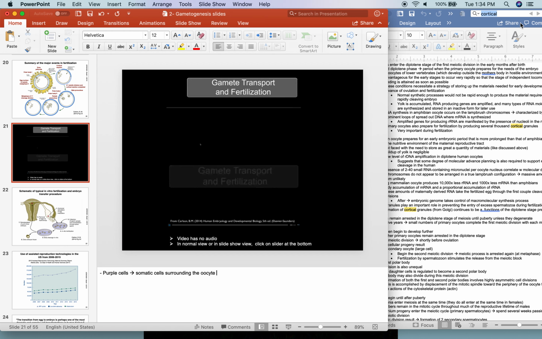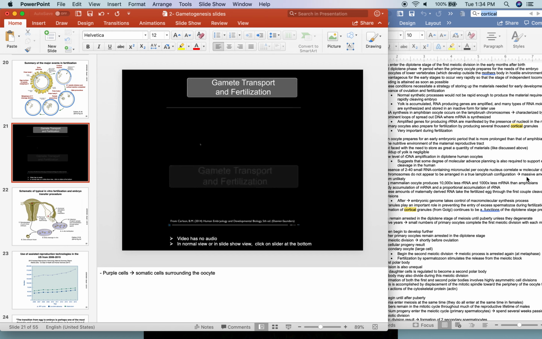And it literally does release enzymes. It literally does penetrate into the zona and other structures there. Once it reaches this point, it's about to enter into the oocyte, and then the tail is going to break off, because we don't want to have the tail inside the oocyte.